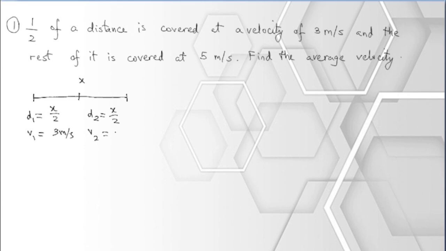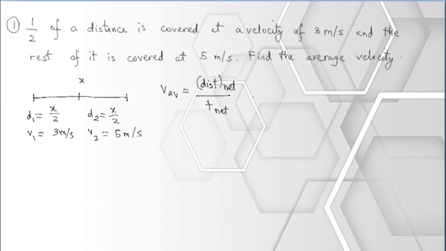So all of you know that for finding average velocity, we have average velocity equals total distance covered by total time taken.